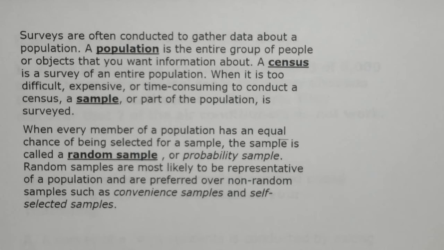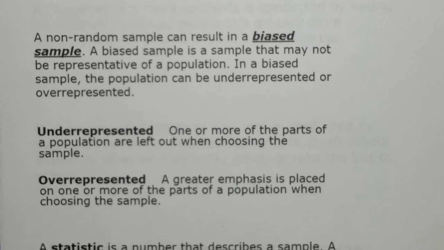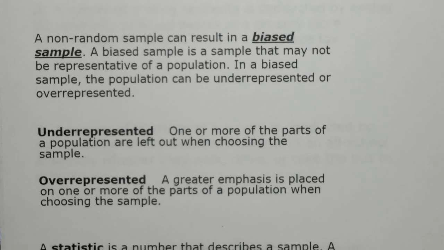Non-random samples are convenient samples, like I'm just going to survey the first 3 people that walk through my door. Or self-selected, which we call volunteering. A random sample is what we're shooting for.